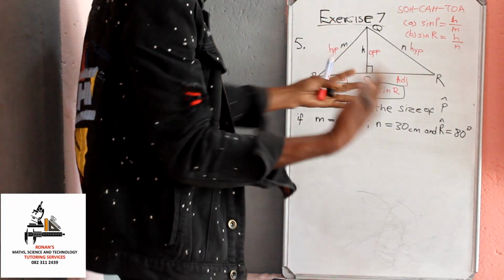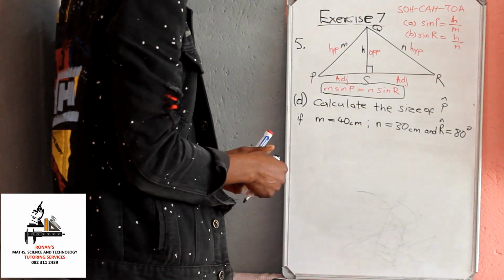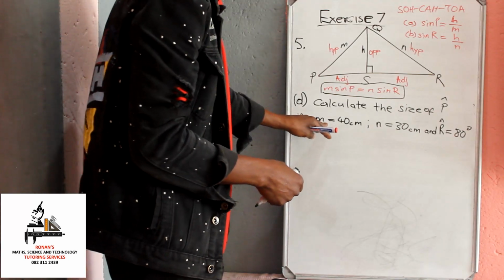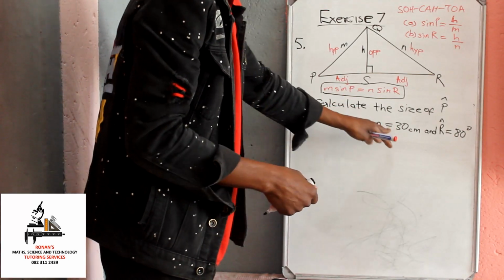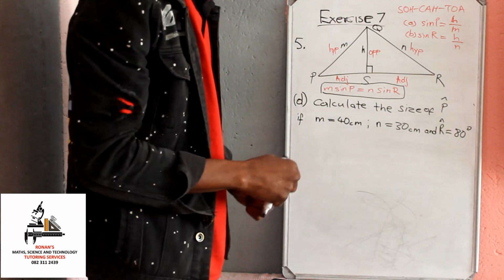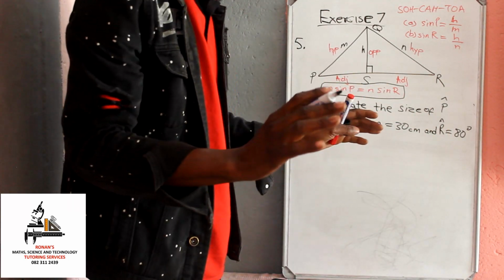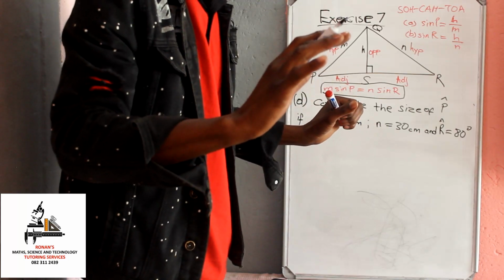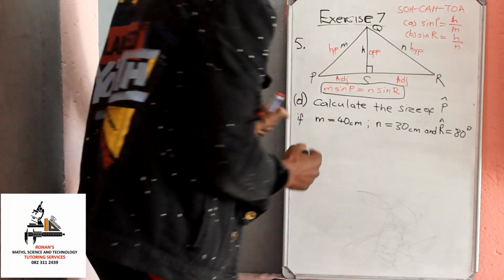You are going to simply substitute that into the equation where you're going to put M as 40, N as 30, R as 80, and then find the angle P. But before we do that, let's make P the subject of the formula.